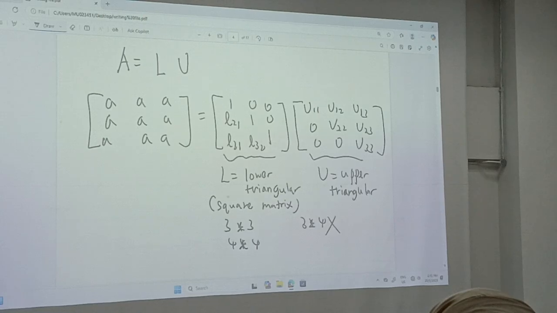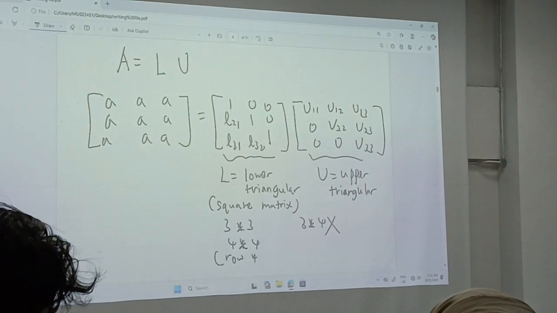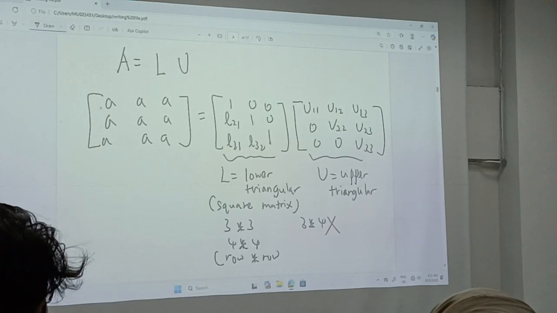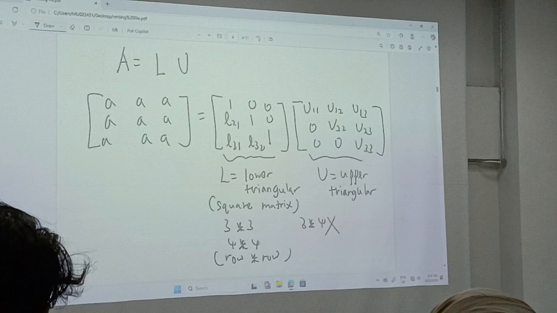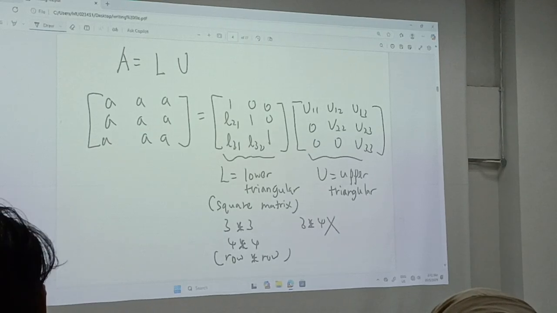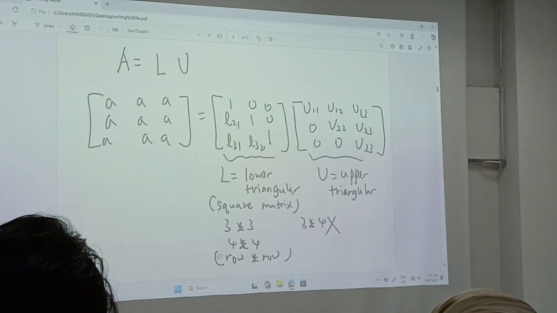So in order to be a square matrix, this L is always row times row. For example, here there are 3 rows, right? So it will be 3 times 3, row number times row number. The size is row number times row number.